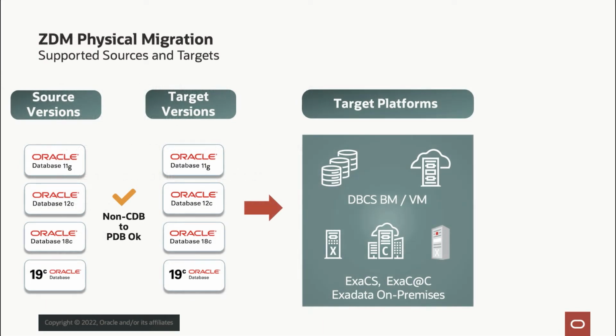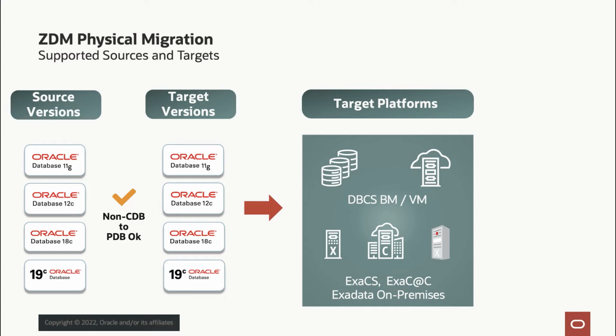Now, before talking about ZDM physical migration specifically step by step and how it works, I want to properly discuss supported sources and targets, right? So first of all, source versions. You can migrate 11.2.0.4 onwards, so Oracle databases 11.2.0.4, 12.1, 12.2, 18, 19c, etc. And then the same targets.